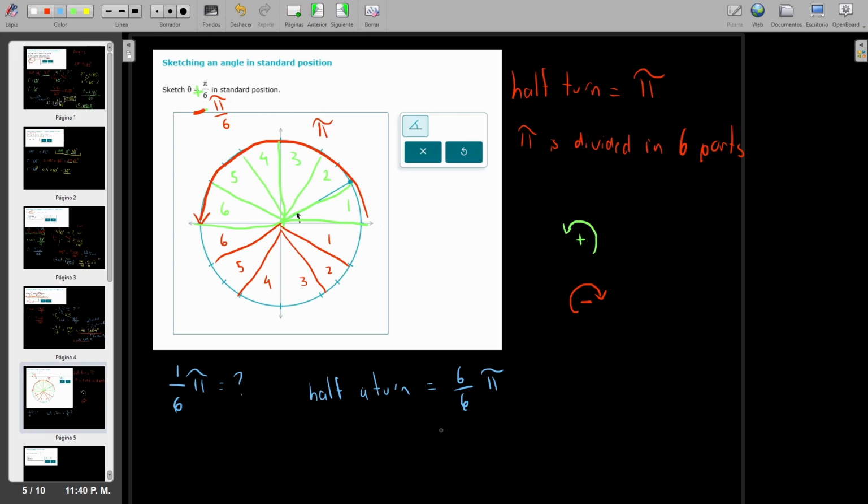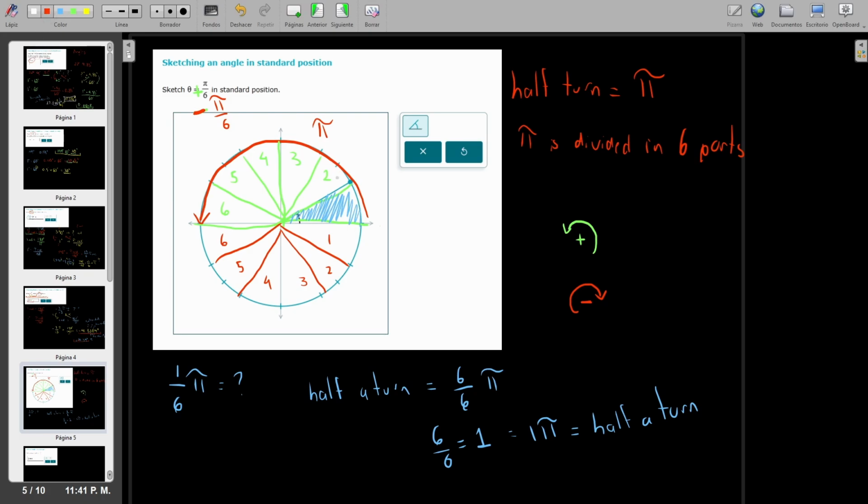Why? Because 6/6 equals 1, and this will be 1 pi, so it is half a turn, half a circle. They're asking only 1/6, so we're only going to be coloring one part.